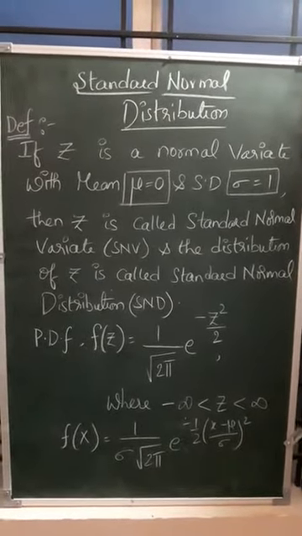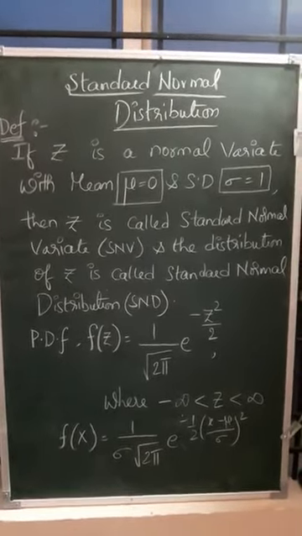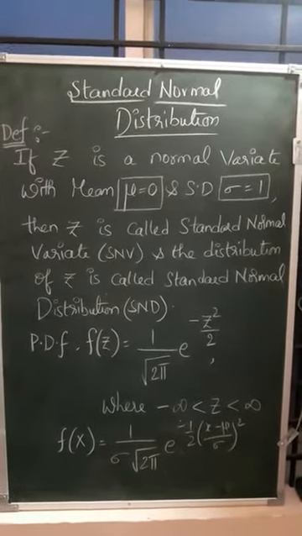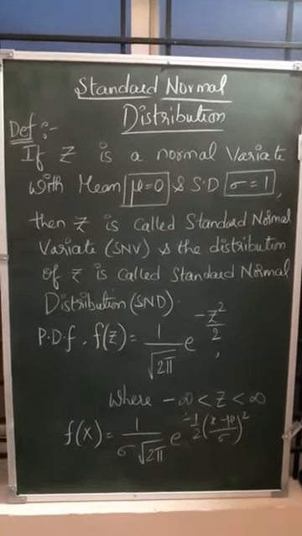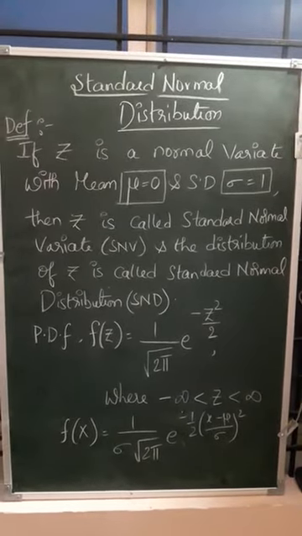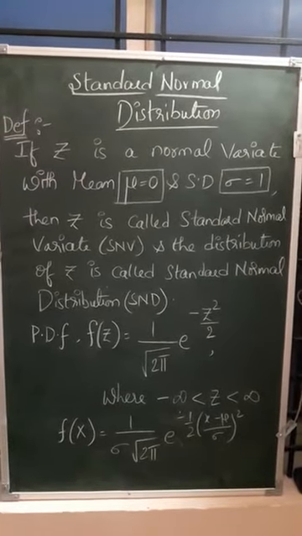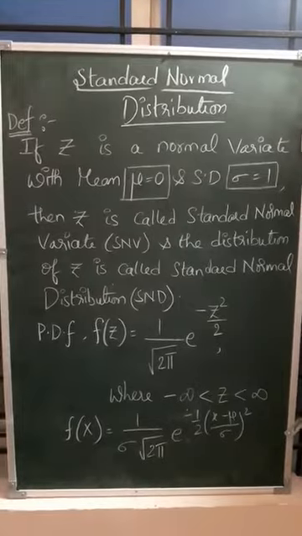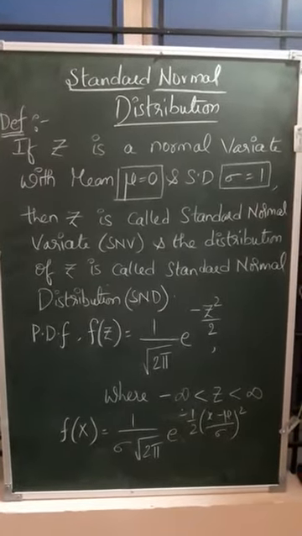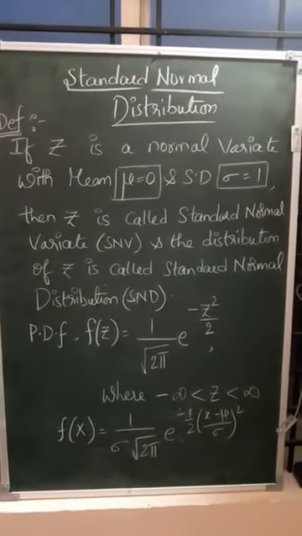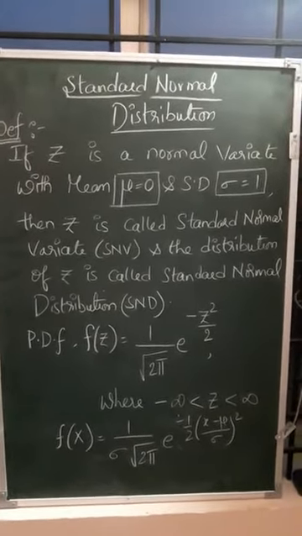Hope I am clear, right? Just make notes of this definition as well as the PDF, and how the PDF has been converted from the normal distribution PDF.